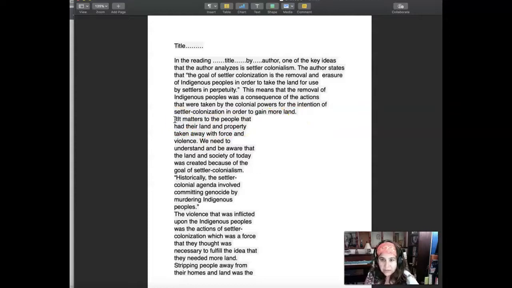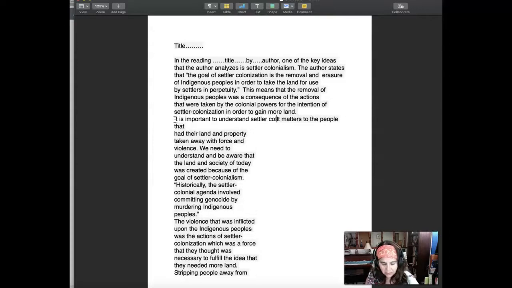It is important to understand settler colonialism because, so I'm just adding some pieces of sentences to connect one thing with the other.